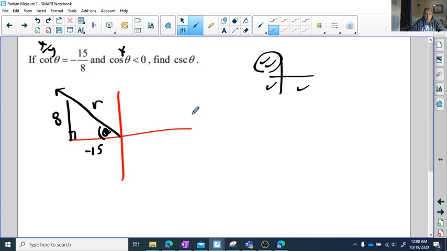We need to figure out the r value. Now I'm going to start doing this a bit quicker. So the r value is going to be this squared, so 8 squared plus 15 squared, and then you have to take the square root of that to get r. So 225 plus 64, and then I need the square root of that.